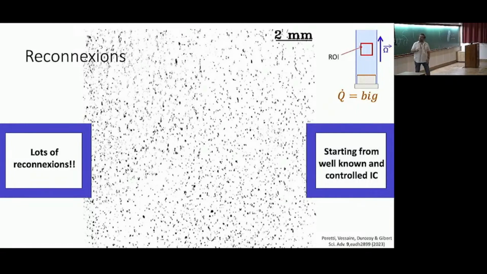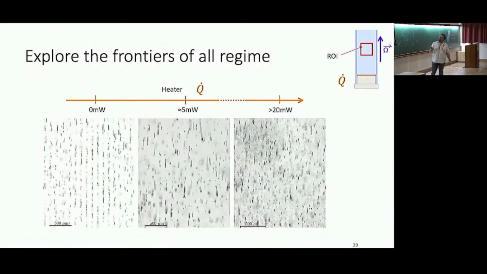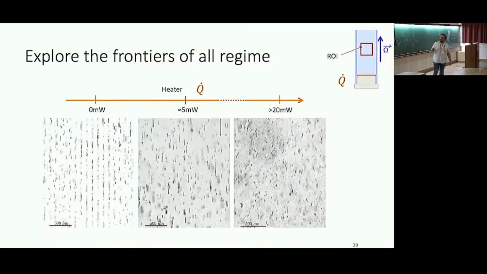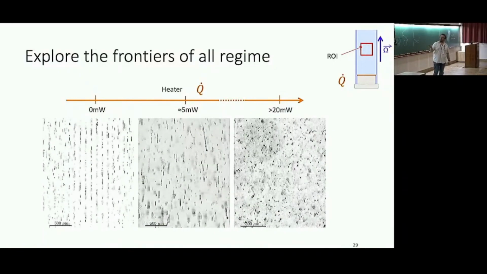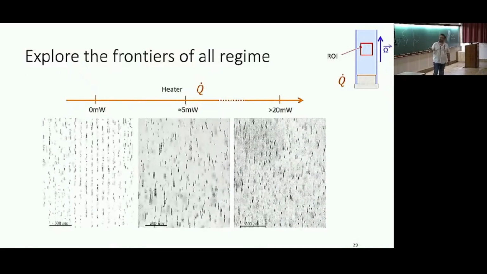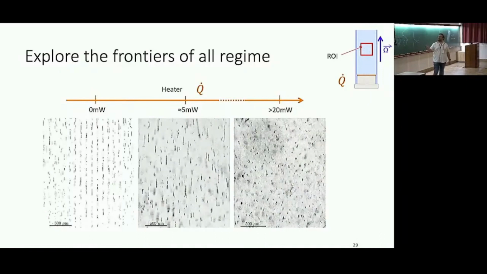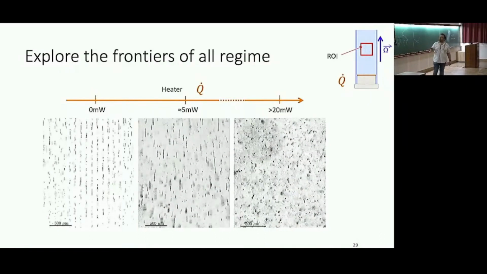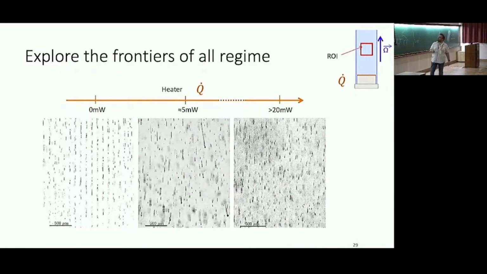So with this, I arrive at my last few slides, that we have a lot of work to do because we need to explore all the frontiers between all these regimes, okay? This is, I would say, fairly well established now, and this is our initial condition for studying waves and for studying reconnections, or at least vortex-vortex interactions.